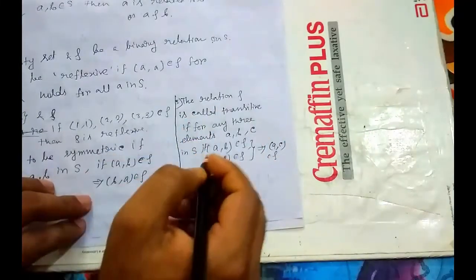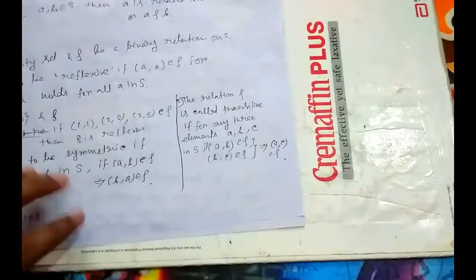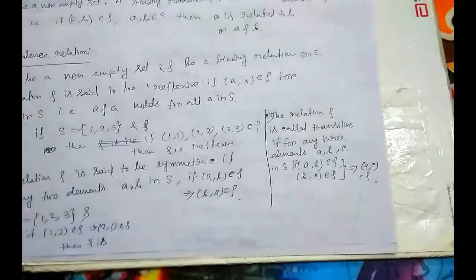That means if we see that A, B, C belong to S and A comma B and B comma C belong to rho, and we find the element A comma C also belongs to rho, then we can say rho is transitive.